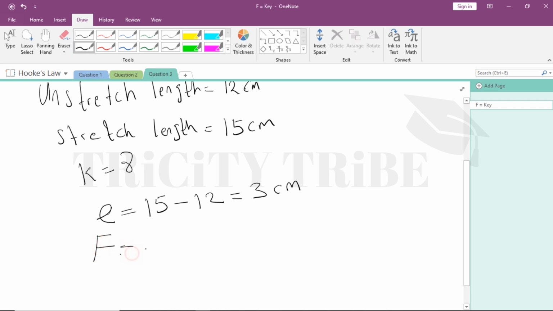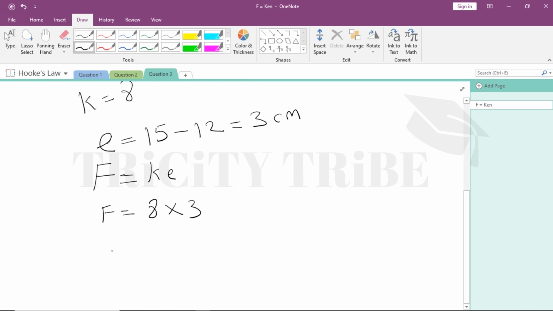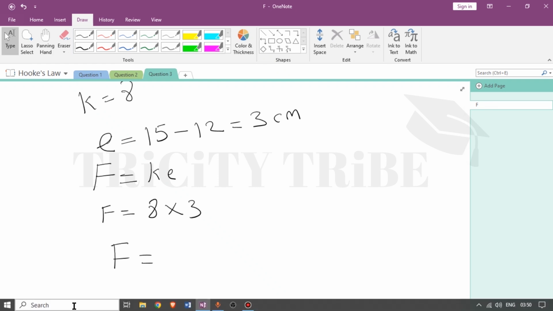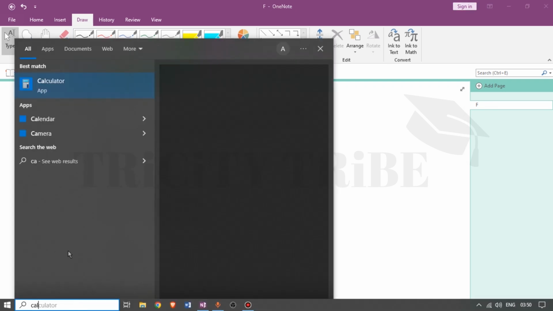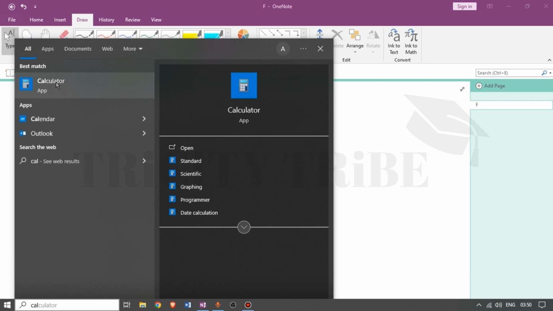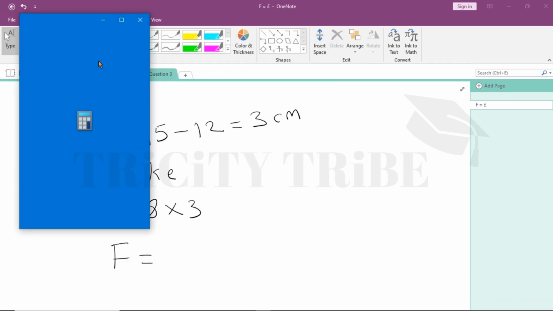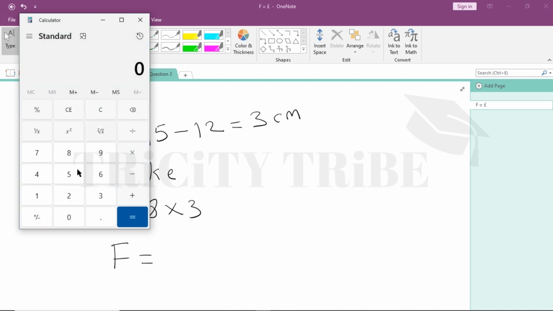F is equal to what? KE. F, which I need, I can find by multiplying my 8 times my what? My K is my 8, my E is my 3. And what do I have? If you want to use a calculator, use a calculator. I think I should calculate so that you can see how it's done.